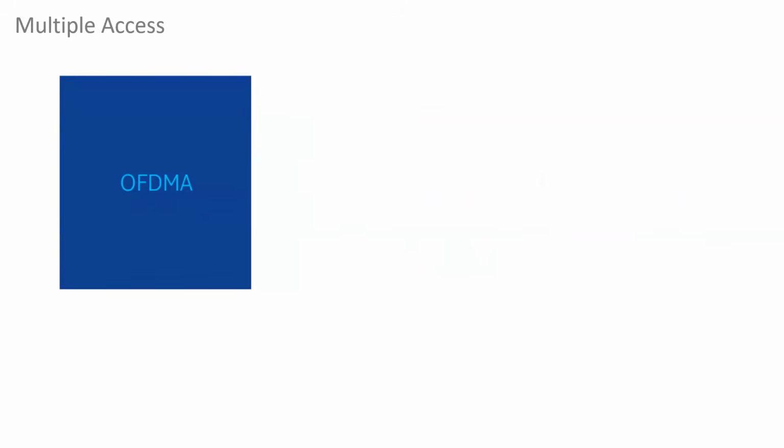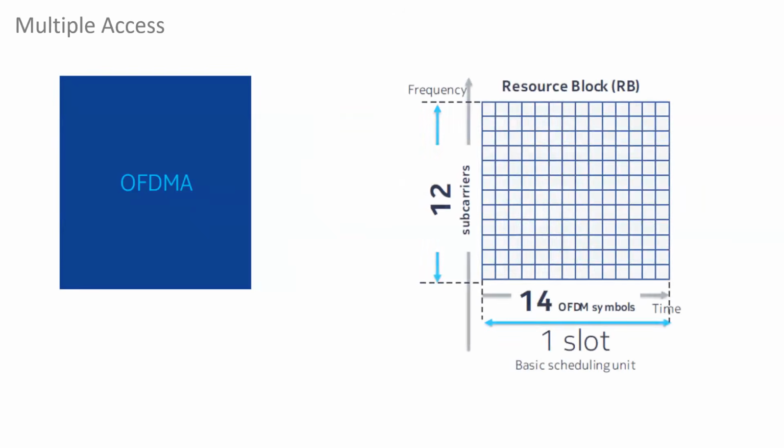Or you can say, data is delivered to end users through the use of multiple subcarriers. The benefit of OFDMA is that subcarriers do not interfere with each other. In OFDMA, users are allocated a physical resource block, or you can say resource block, to transfer information, or you can say to transfer the data.